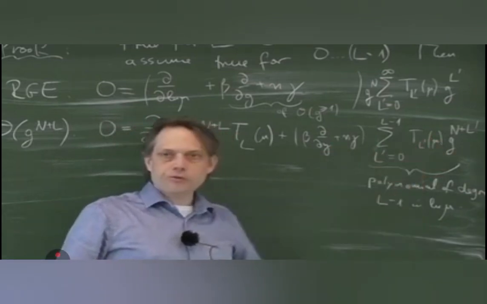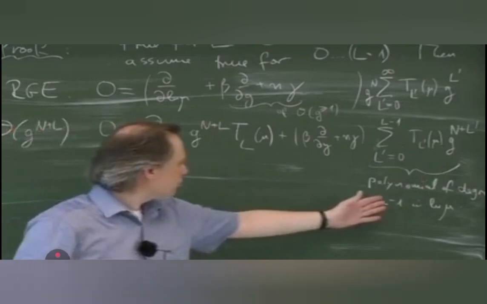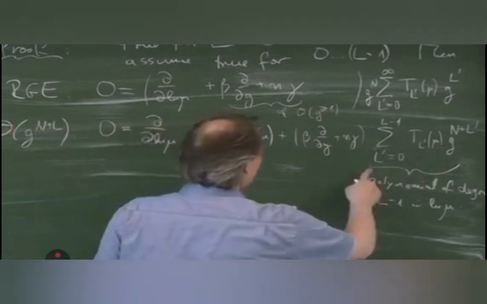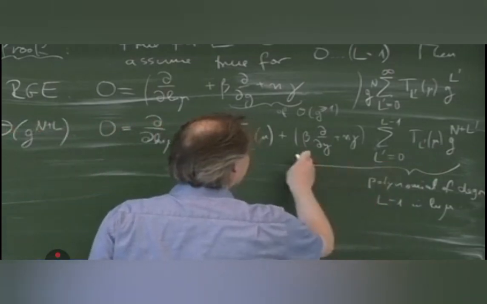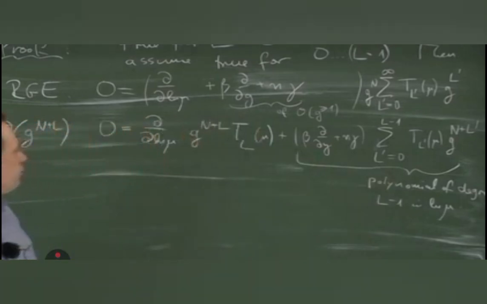Powers are modified, but there is a polynomial. So it's a polynomial of L minus 1.